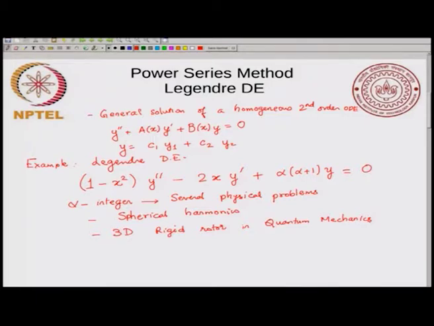Also, I should mention that the solution of this Legendre differential equation, which leads to Legendre polynomials, is also very important in general basis expansions of angular functions. I am just writing this for now.